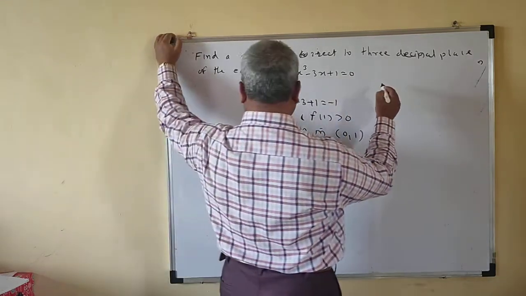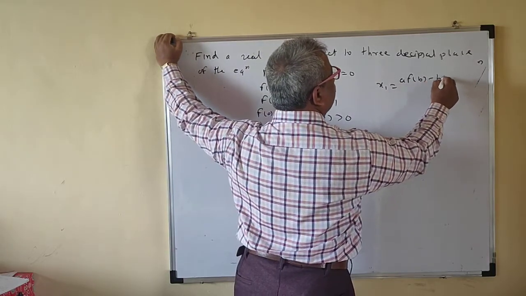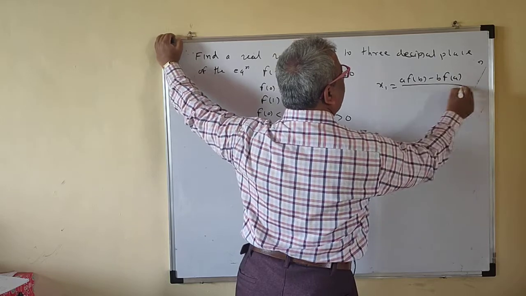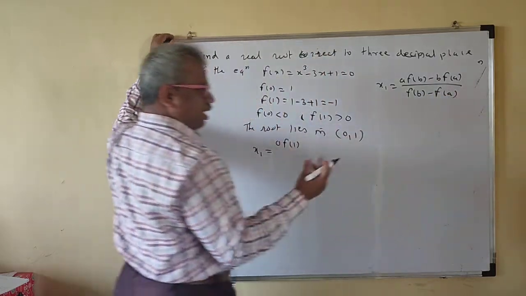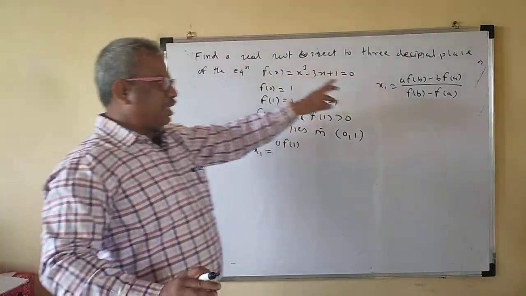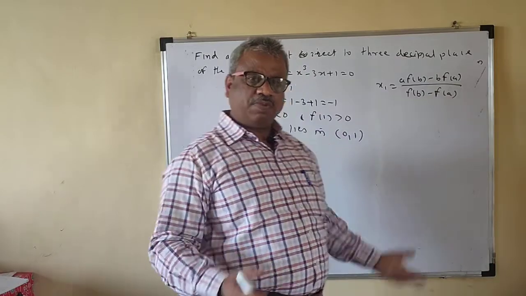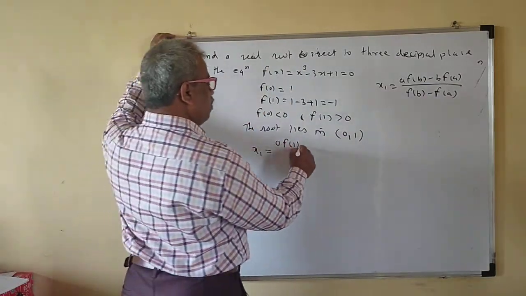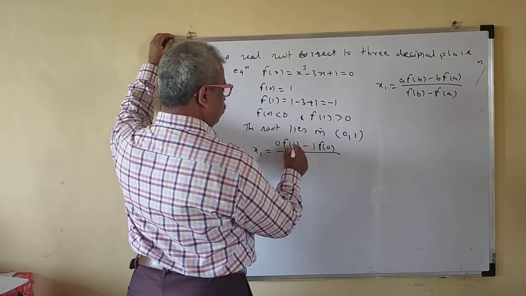Just I will write the formula. x1 is equal to a into f of b minus b into f of a upon f of b minus f of a. Any formula you can write. You can write b f of a minus a f of b upon f of a minus f of b. Whatever, there is no problem for this one. Minus 1 into f of 0 upon, so you have what?